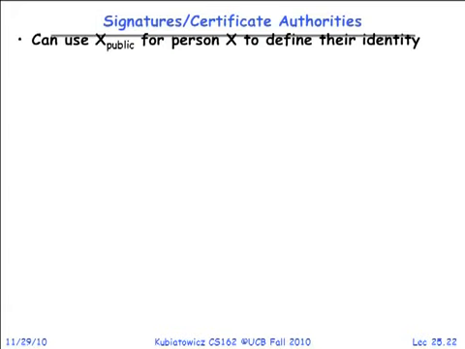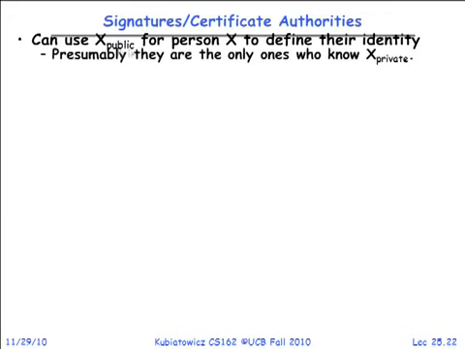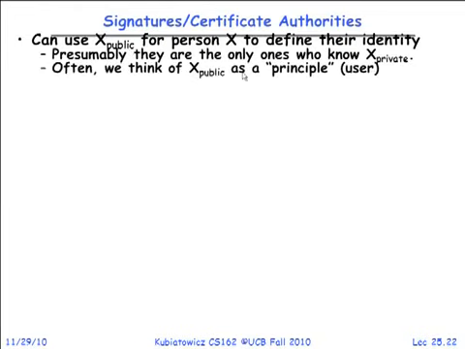Now let's ask ourselves how we can sign data. We take X public for person X, and we'll call that their identity. When you produce a public-private key pair, that is a particular identity that you can use, and hopefully they're the only ones that know X private. Often we think of X public as the principal, or the user, so X public is like a person.